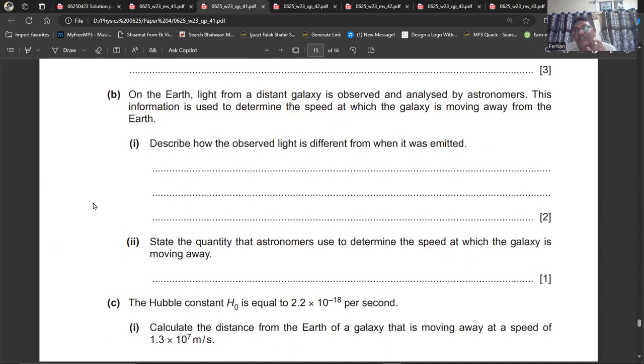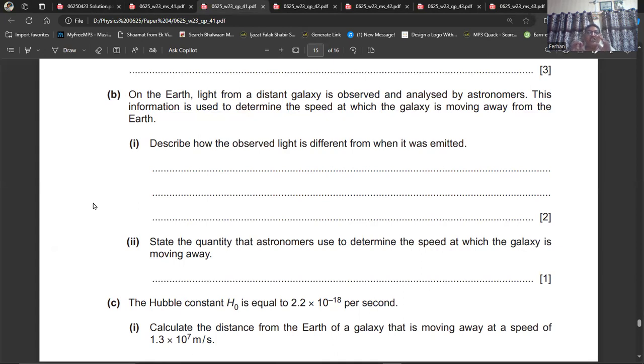When we observe the light which is coming from a distant galaxy on Earth, that light has less frequency as compared to the light when it was emitted from the galaxy. And the wavelength of this light, which reaches the Earth from the distant galaxy, is more than the wavelength of the light when it was emitted from the galaxy.